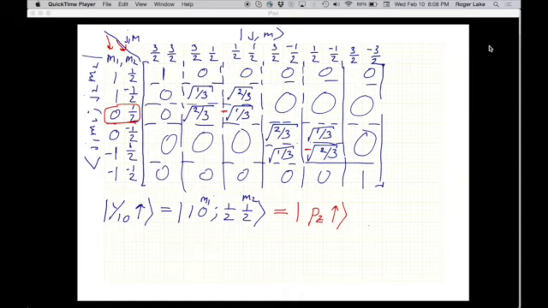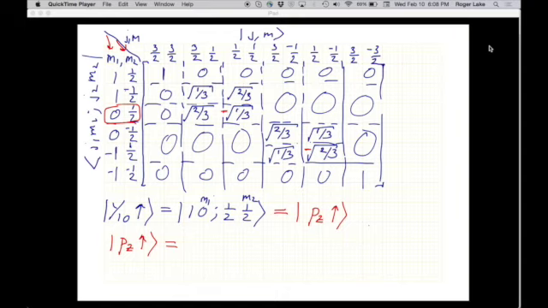And so now I go up to the table and I can immediately write down that PZ up is equal to, well, I look at this column here and I go across that row and see what the coefficients are.